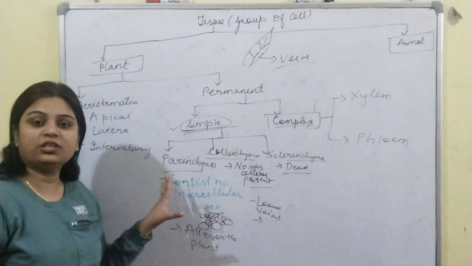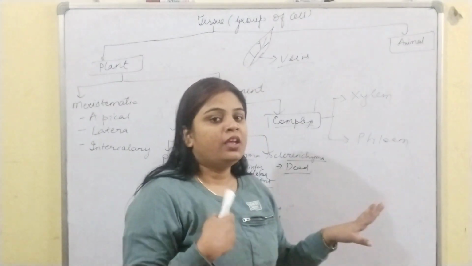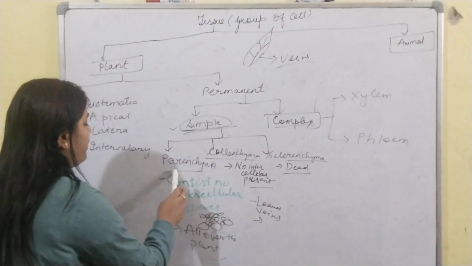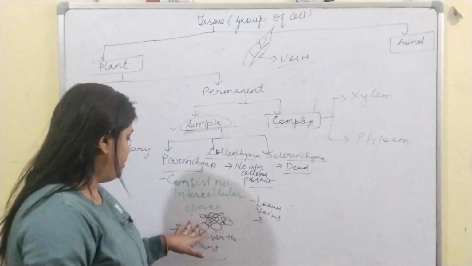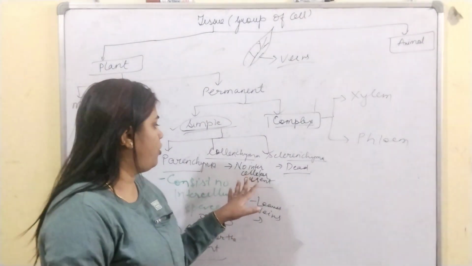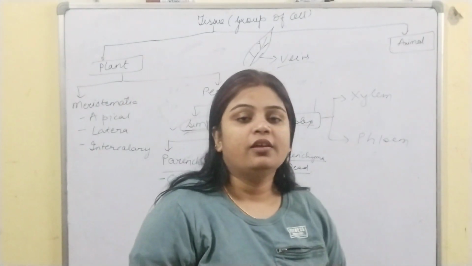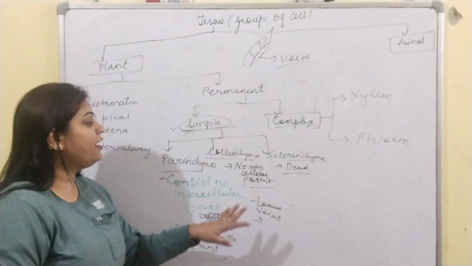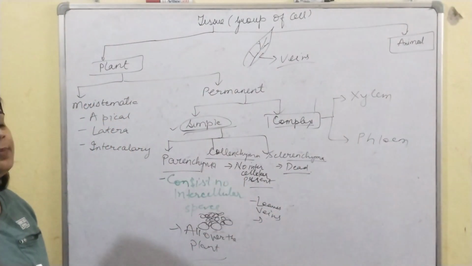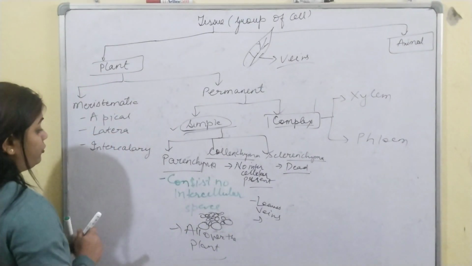If we distinguish parenchyma, collenchyma and sclerenchyma: parenchyma is present all over the plant, collenchyma in leaves, sclerenchyma in the bark and the outer part of the seed, that is the seed coat. So further, parenchyma is divided into three parts.